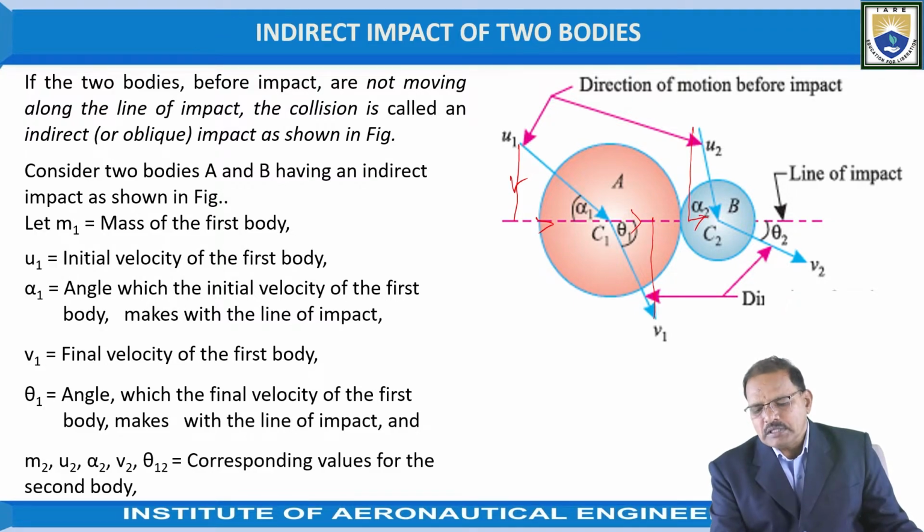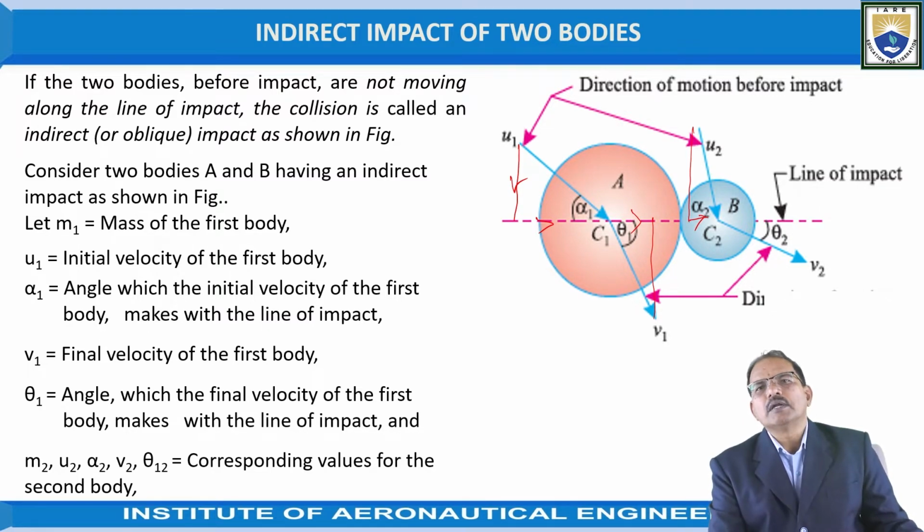Similarly, for the second body, v2 cos theta 2. The components perpendicular to the line of impact after the collision are v1 sin theta 1 for the first body and v2 sin theta 2 for the second.